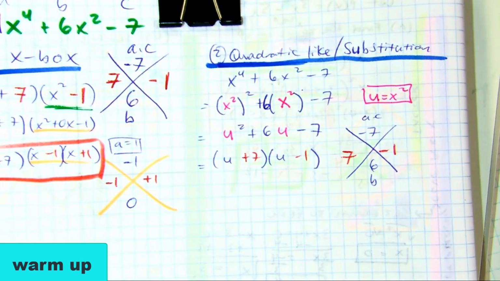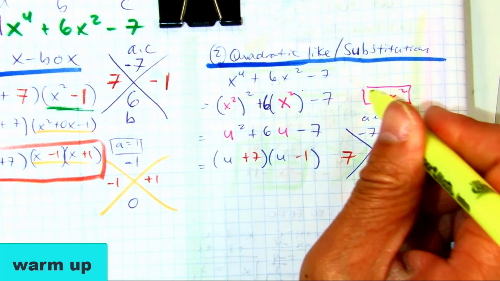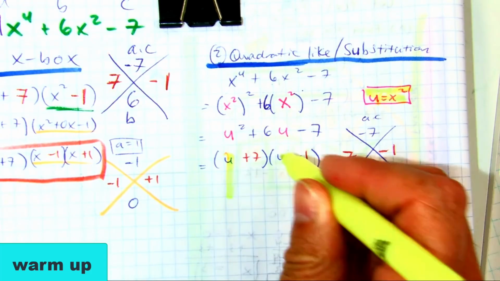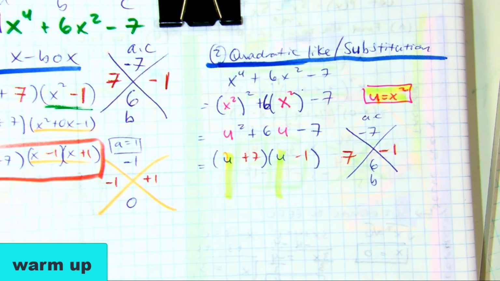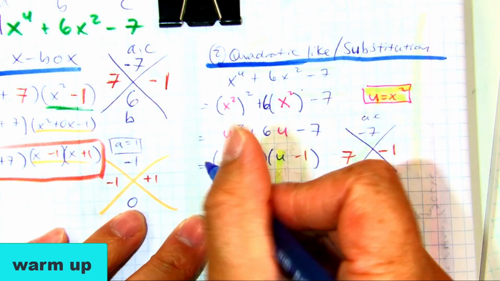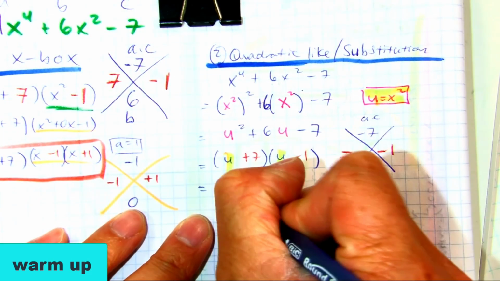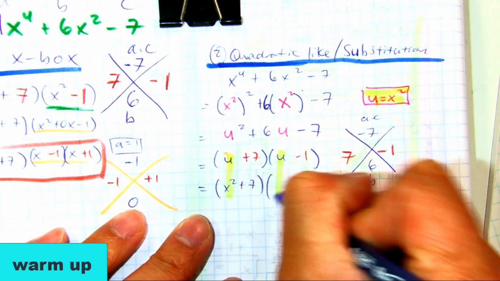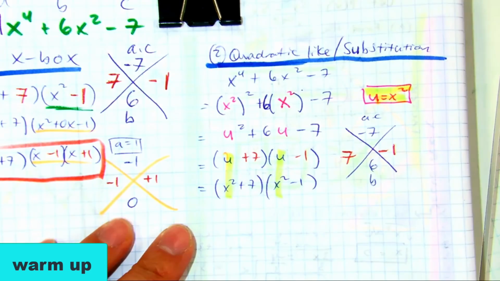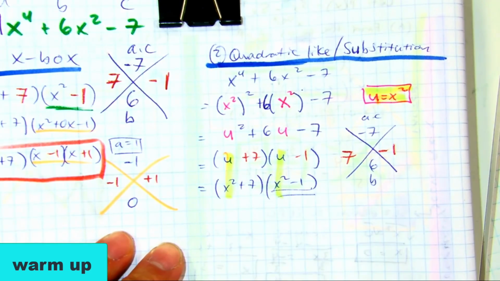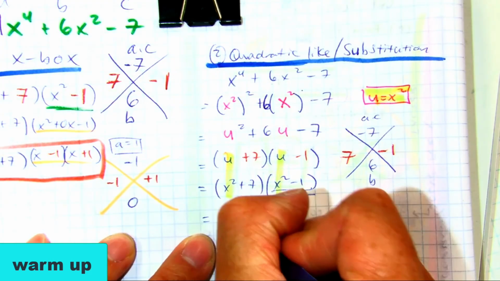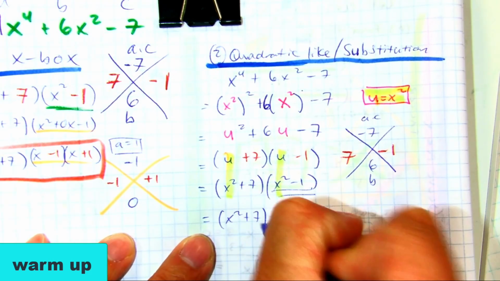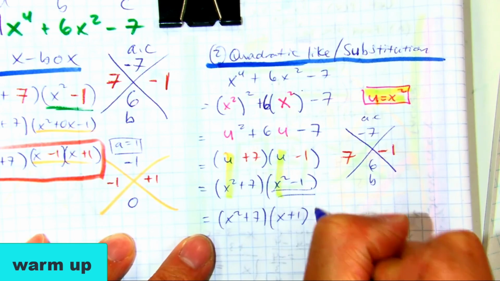All done? No, we did the substitution, you gotta put it back in. X squared plus 7, x squared minus 1. And we already did this problem in the previous problem, so x squared plus 7, this is a difference of squares, so x plus 1, x minus 1.